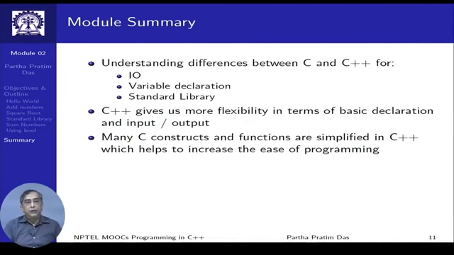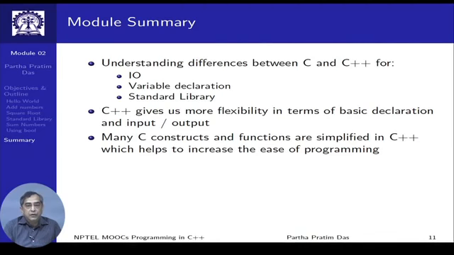So, in this module we have tried to understand the basic differences between C and C++, with specific focus on how you perform input output, how you declare variables, and how the standard libraries of C and C++ are used in C++. And we have started to see that C++ gives us more flexibility in terms of how we can declare and how we can do input output.